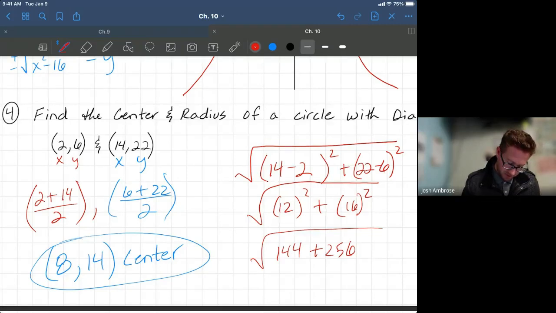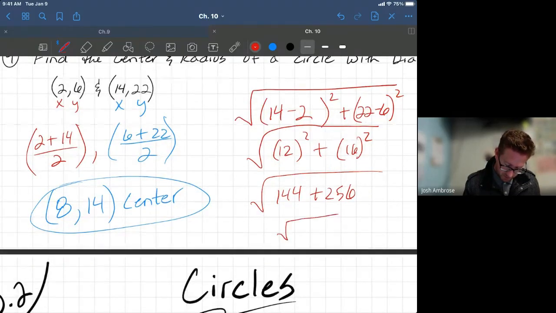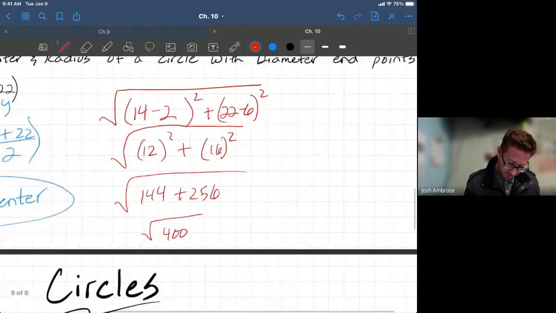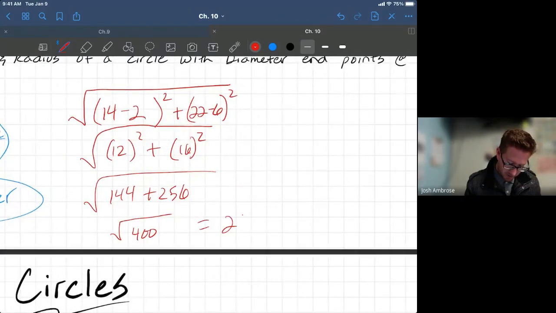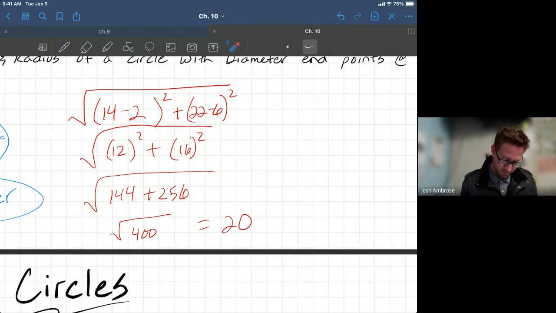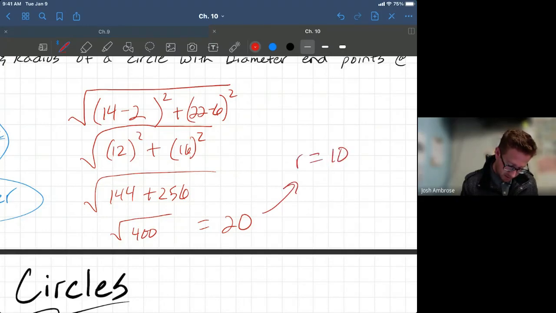So you're getting the square root of 400, which equals 20. But they're asking, as a diameter with endpoints. So if that is our diameter, 20, then if we were to cut that in half, that's going to give us our radius. So radius equals 10, and this is our diameter.